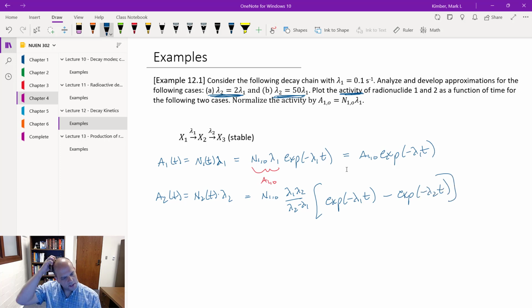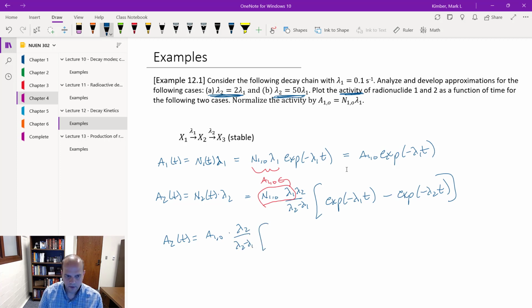So we've got two different exponential terms in there, and if we combine these terms, this also equals that initial activity for isotope number 1. And what we're going to do is normalize these plots. When we plot the activity, we'll normalize by that initial activity of isotope number 1. So this then becomes that initial activity multiplied by lambda 2 over lambda 2 minus lambda 1 times these exponential terms.